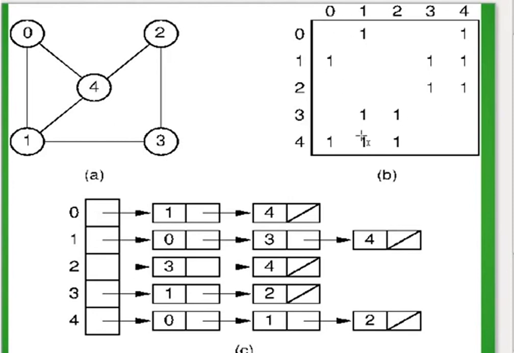You have to allocate a 2D array of V cross V. Suppose the number of vertices is increased from say 1000 to 1 lakh. Then you can't create a 2D array of 1 lakh cross 1 lakh because of the memory limit.